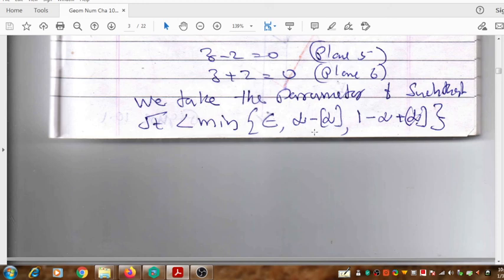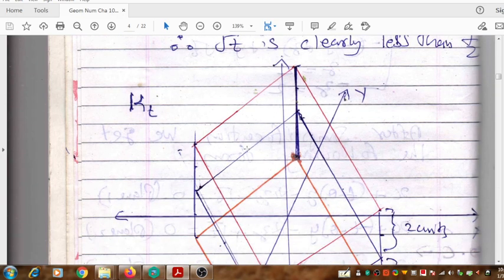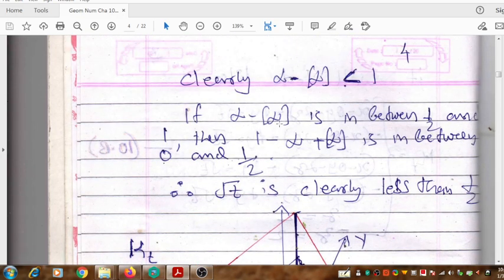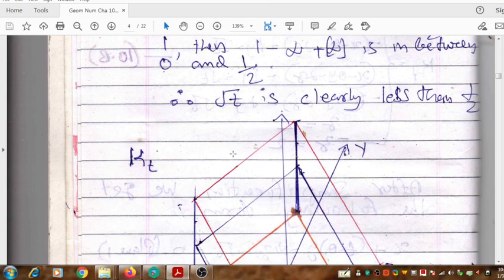As a result we can say that root t is always less than 1 by 2. That is why we discussed the two situations separately, and our aim is to show that the value of root t is less than 1 by 2.